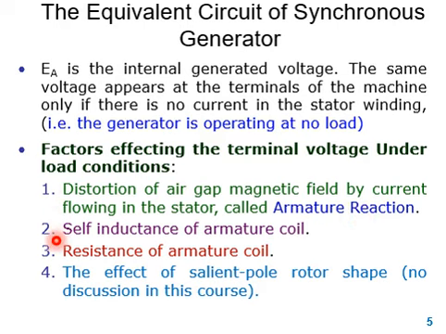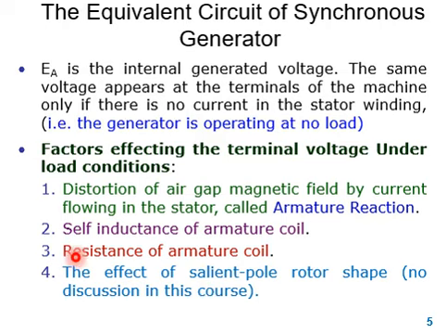Another distortion is the self-inductance of the armature coil. The third distortion is the resistance of the armature coil. And the fourth one is the effect of the salient pole rotor shape. No discussion in this course means that we are not considering this point in our voltage calculations.